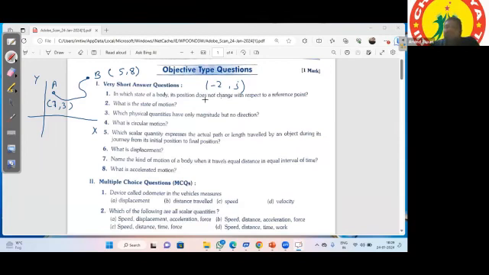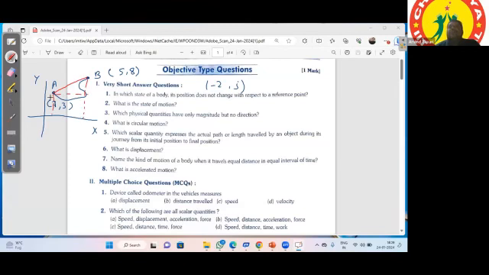Your proper definition for displacement is that you have to find the shortest distance between A and B, and the shortest distance between A and B can be computed like this. So this is the shortest distance. Now you can use your Pythagoras theorem. That is why it is not only final position minus initial position.